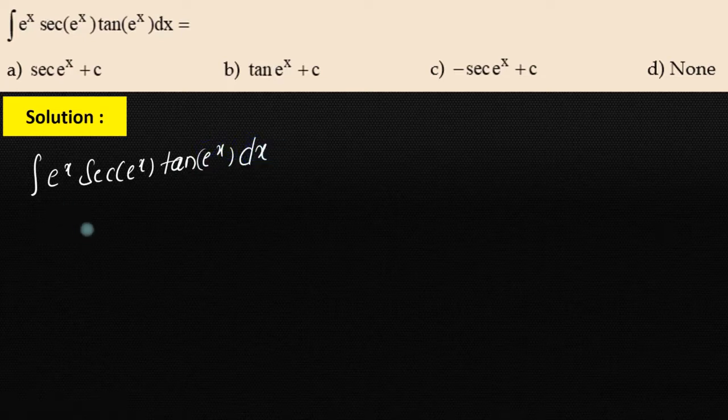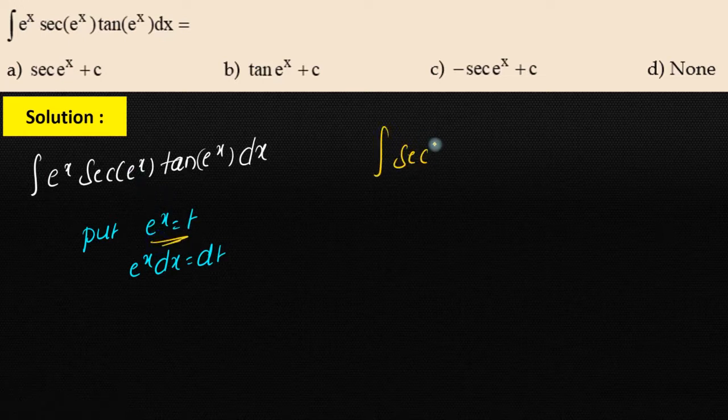Here put e power x is equals to t. Now differentiating on both sides, we get e power x into dx is equals to dt. Now integration becomes integral secant e power x is equals to t into tan t, e power x into dx is equals to dt.